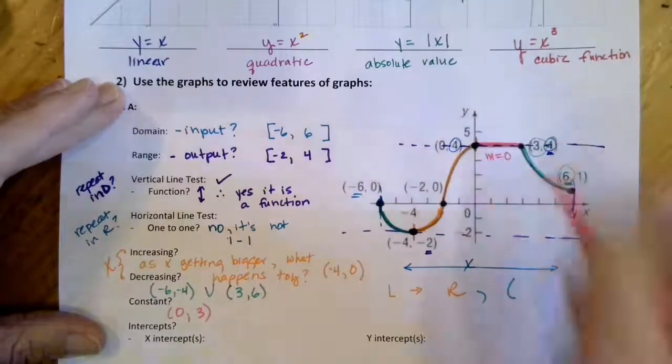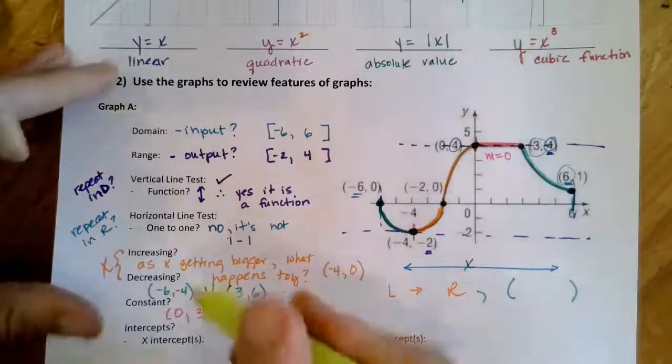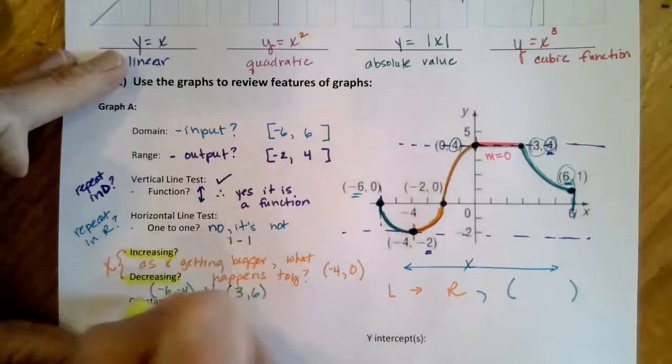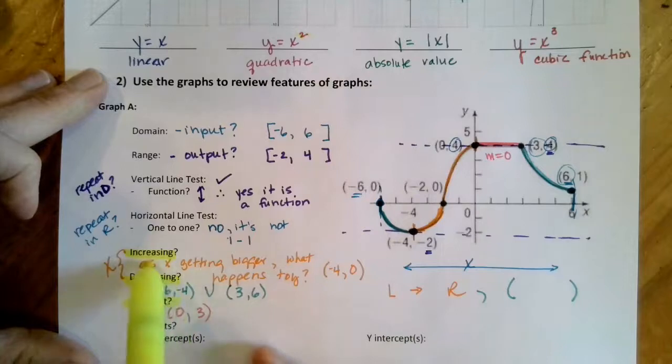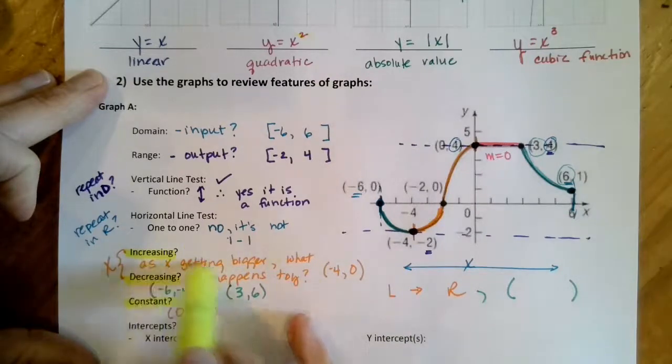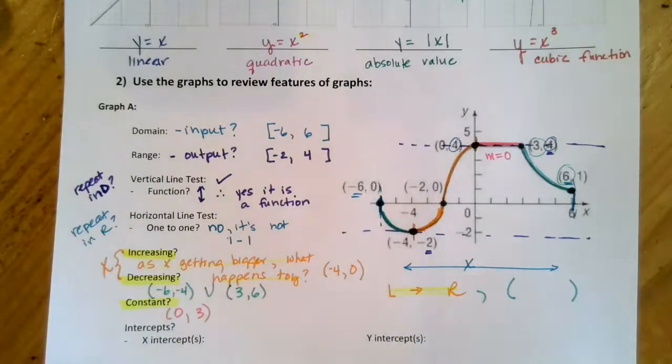This ends up being some of the hardest conversations for kids, recognizing the increasing, decreasing, and being constant. We want to know, as x is getting bigger, what is happening to y, which is why we talk about x from left to right. From here to here is where it's increasing. From here to here is where it's decreasing. And this is where it's constant.